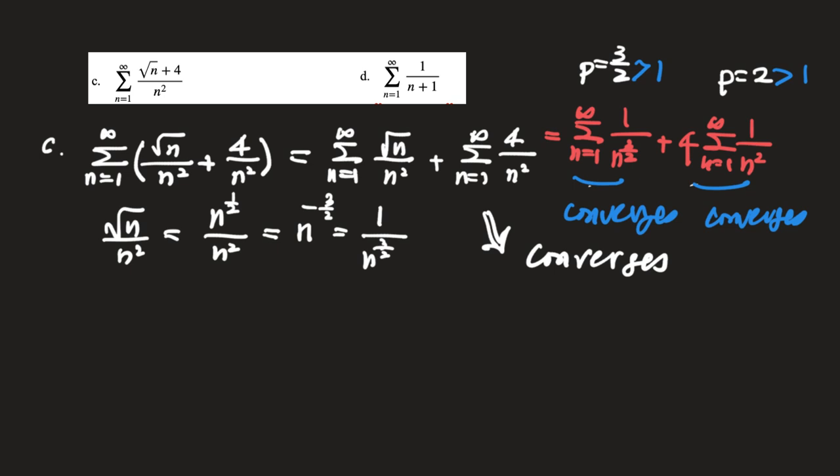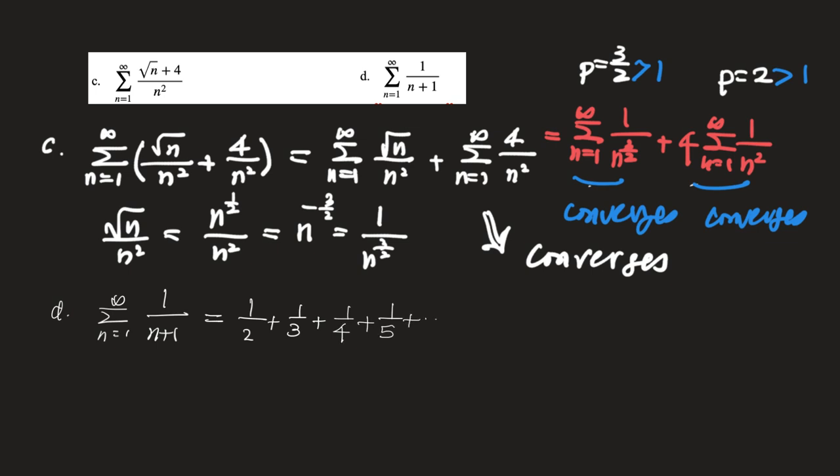Let's do the next example. The next example is summation n equals 1 to infinity of 1 over n plus 1. This looks like the harmonic series, but the notation is a little different, so I'm going to expand it. This one is 1 over 2, 1 over 3, 1 over 4, 1 over 5.